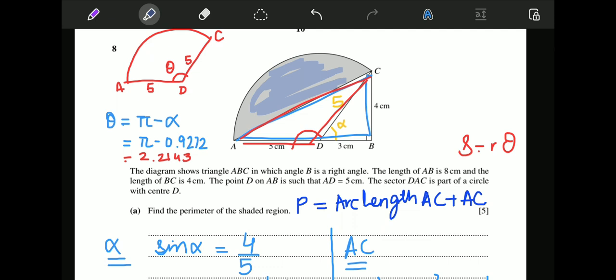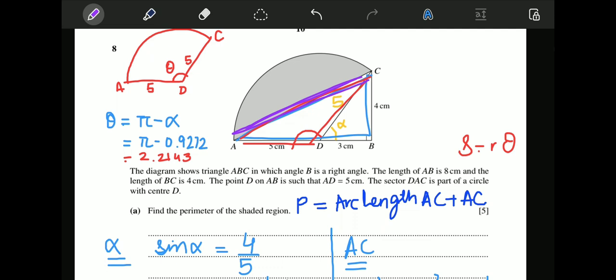That means that you need to find this arc length AC and this AC line. Okay, so let's start this. First you need to find this length AC. Can we find this AC directly?